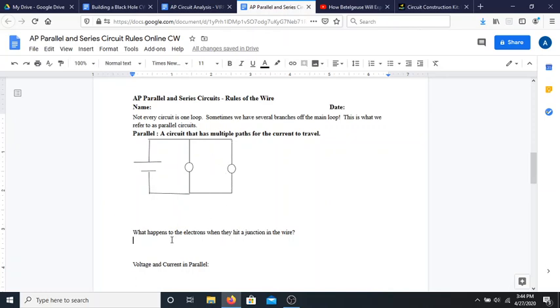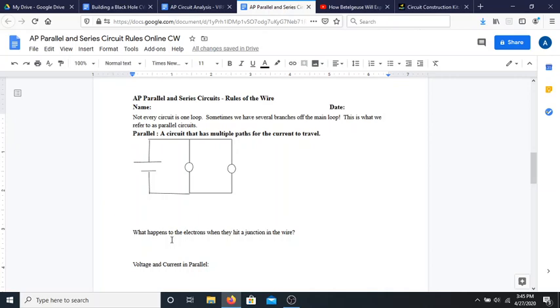Now, the most important question about a parallel circuit is this one, and that's what happens to the electrons when they hit a junction in the wire. Now, electrons can't just split themselves in half and have half going one way and half going the other. They have to pick a path, all right? And what happens is that the electrons will pick a path, and they will try and figure out which pathway has the least resistance, okay? Because remember, electrons hate having to do work, so they're going to try and find the path of least resistance.